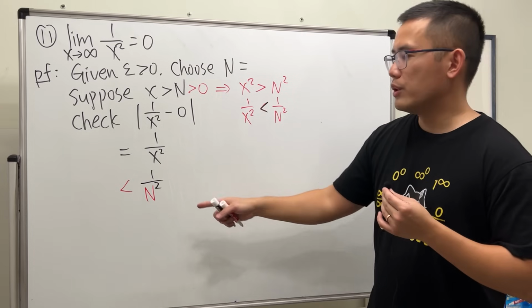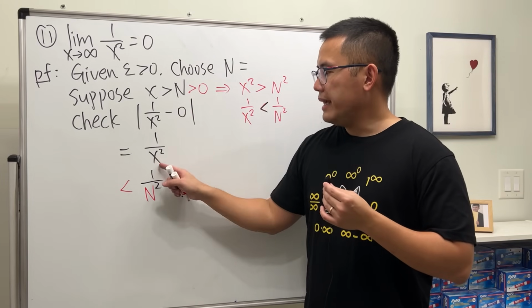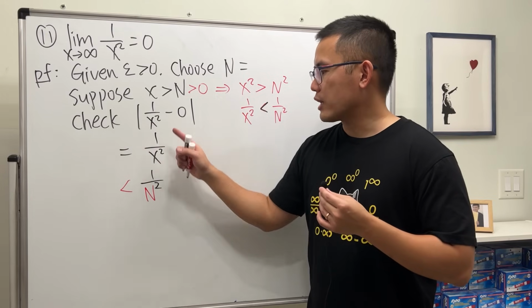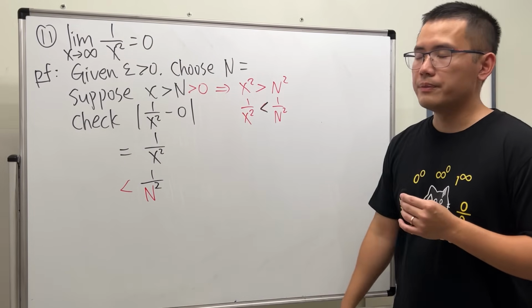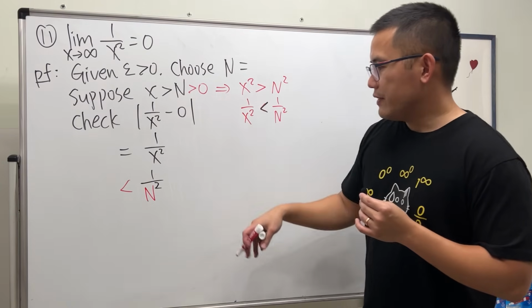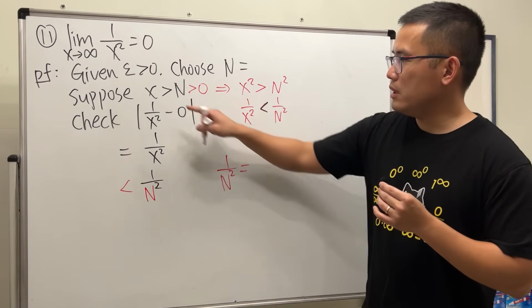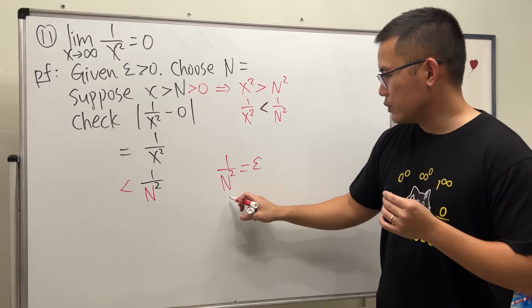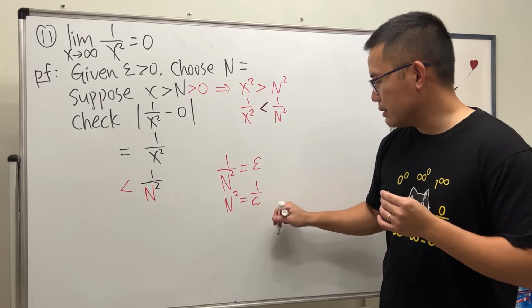Or we can just argue in the sense that we know x is bigger than N, x squared is bigger than N squared, thus this whole fraction is smaller than this whole fraction. Or if you want to work it out like this, that's fine too. And once we have an expression in terms of just N, just put it down on the side, set it to be epsilon and solve it. So this means we have N squared equals 1/epsilon.